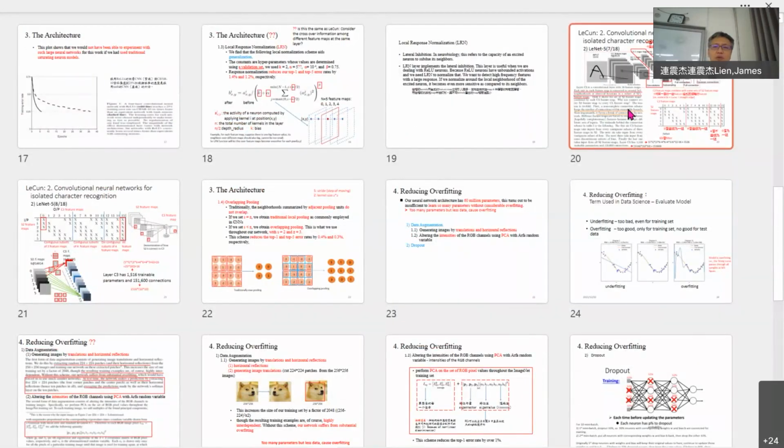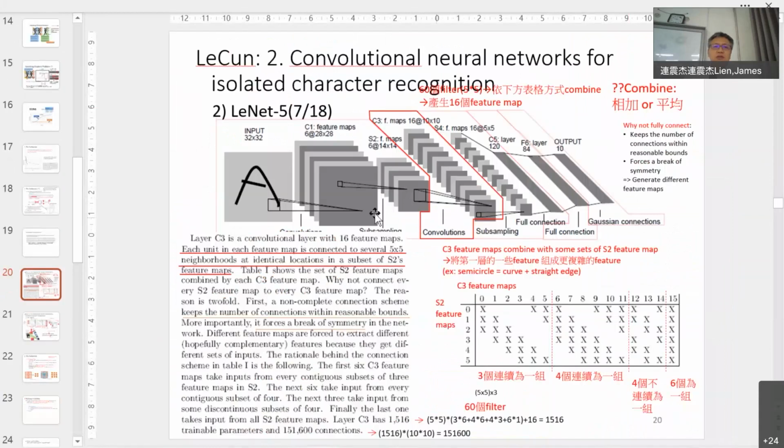Okay, so second, the convolution is probably the first one to talk about the convolutional learning. So we have one block, two blocks, plus 3 layers.